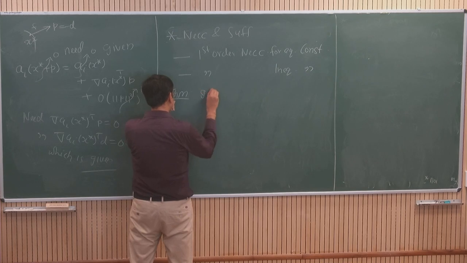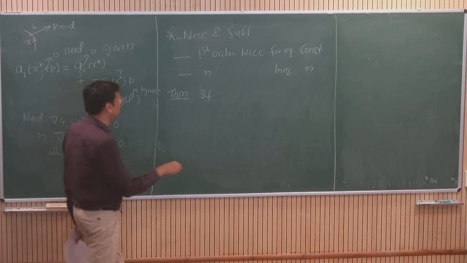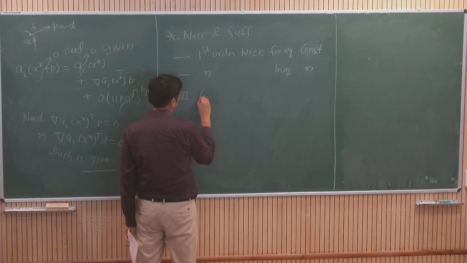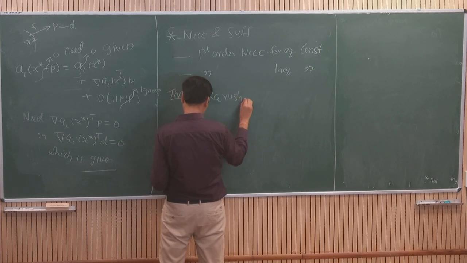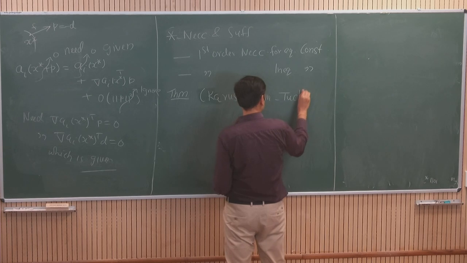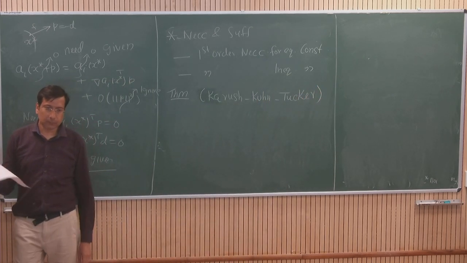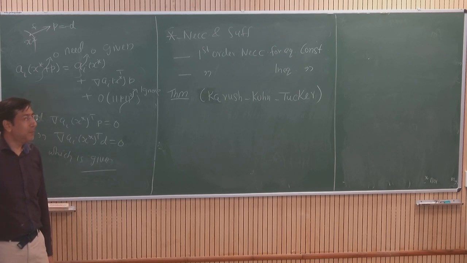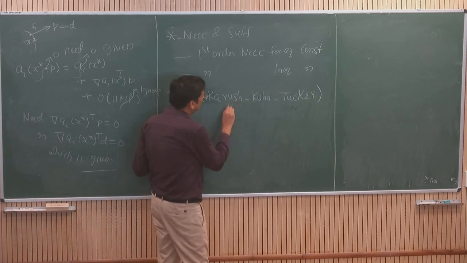So this says if... and this is a buzzword, and I should write the spelling correctly. This came after the names of 3 people: Karush-Kuhn-Tucker conditions, also referred to as the KKT conditions.